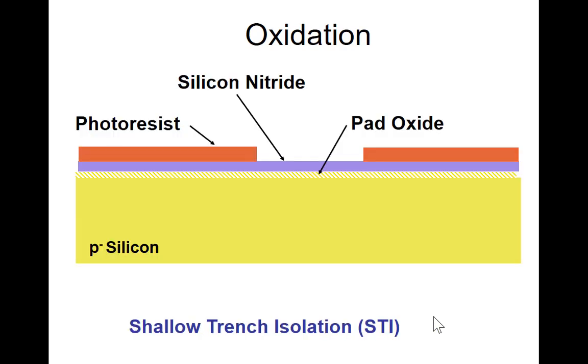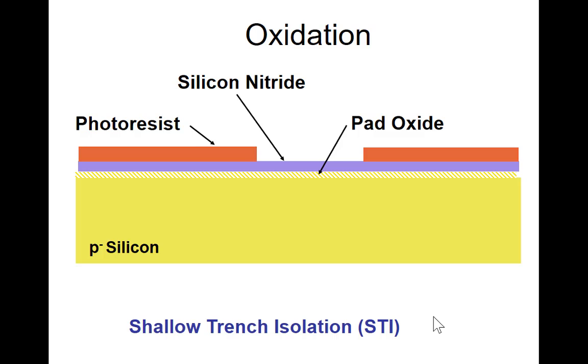But you can also do deposition. In the 0.18, actually I don't know whether they do shallow trench or not, but in the smaller feature size processes, they do so-called shallow trench isolation.